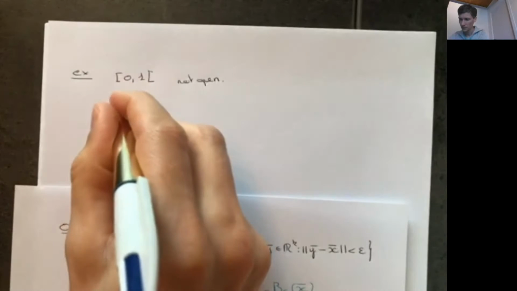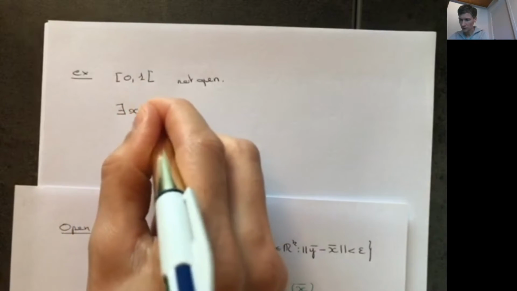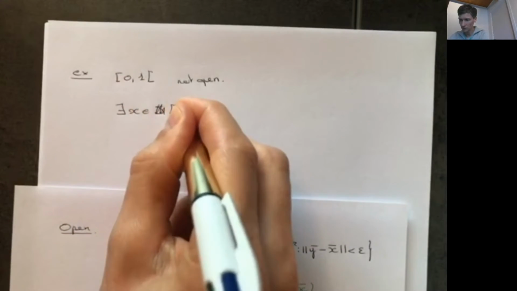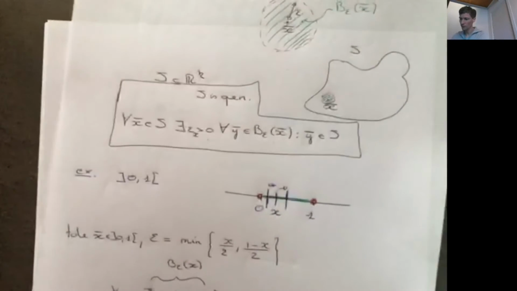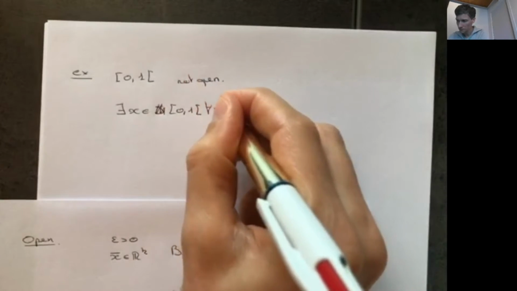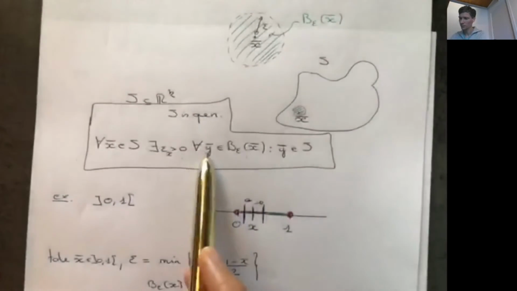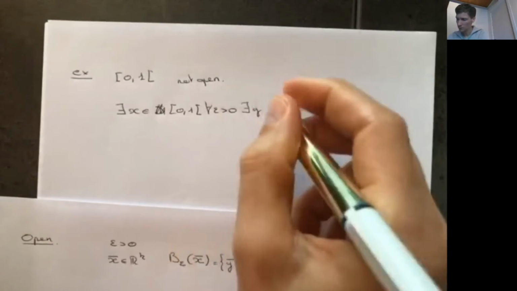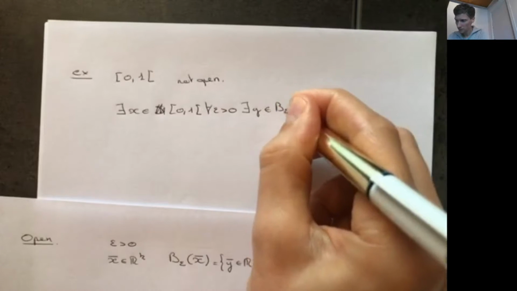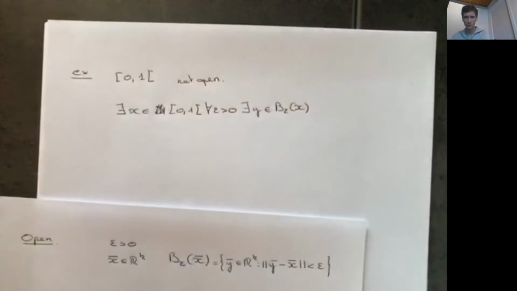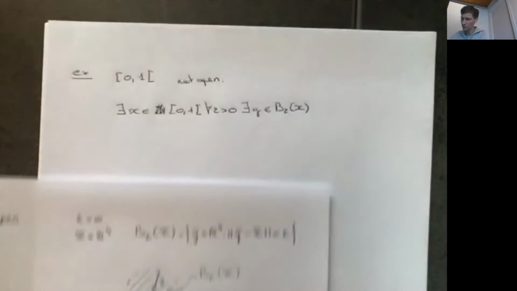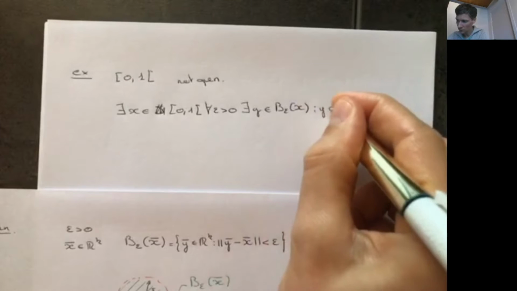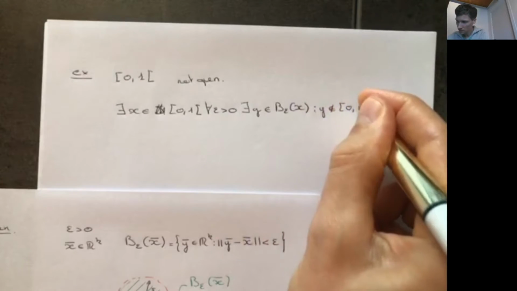Well, there exists an x in S, so here it's the half-open interval, and then for all epsilon bigger than 0, there exists a y in the ball of radius epsilon around x, such that, negating the premises, y is not in [0, 1).